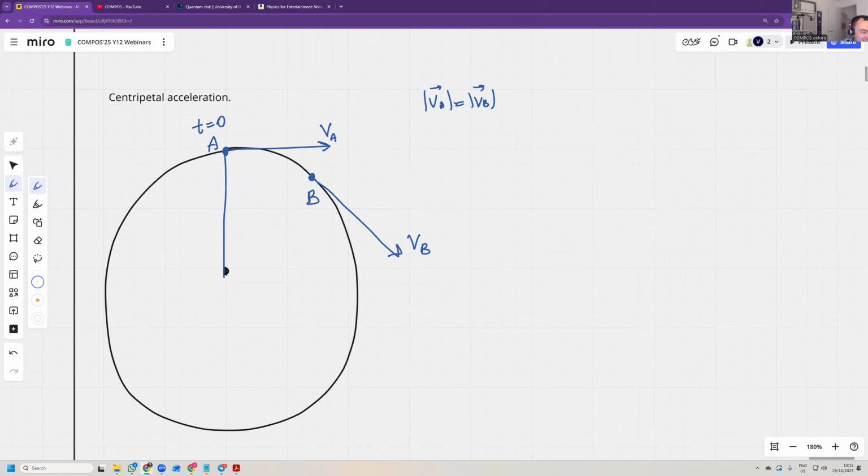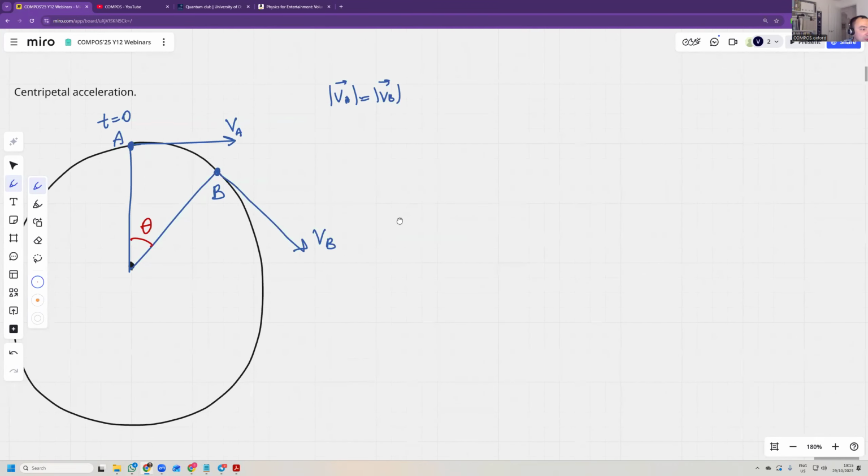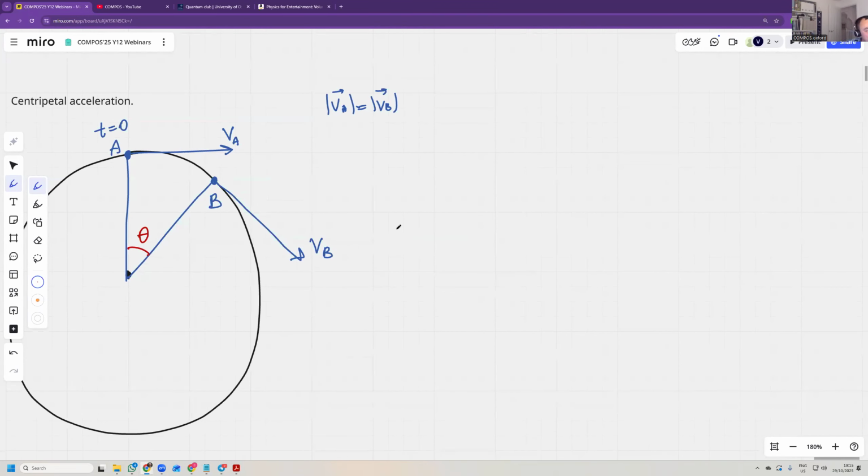Okay, and let's say that this angle is theta.